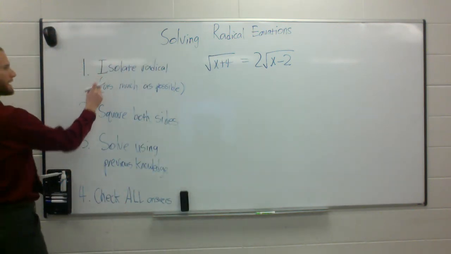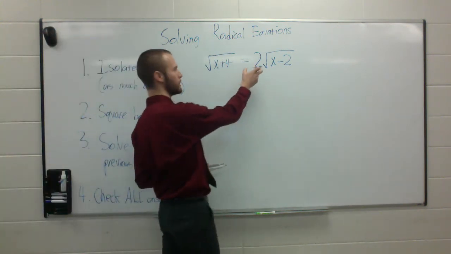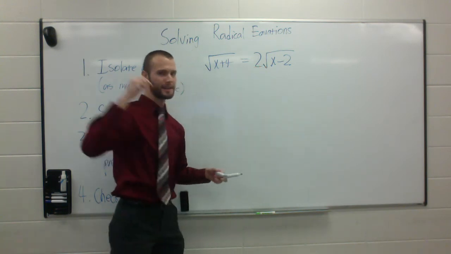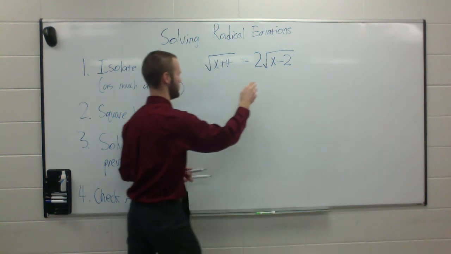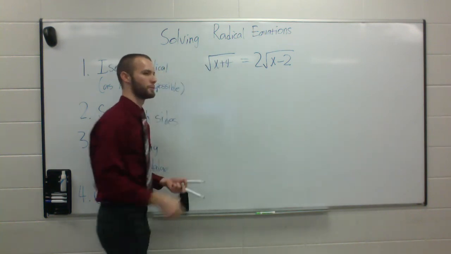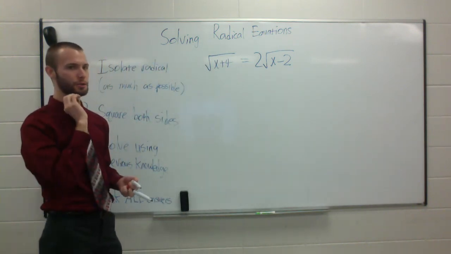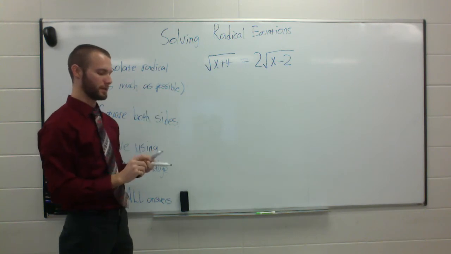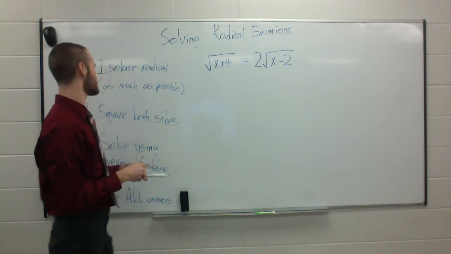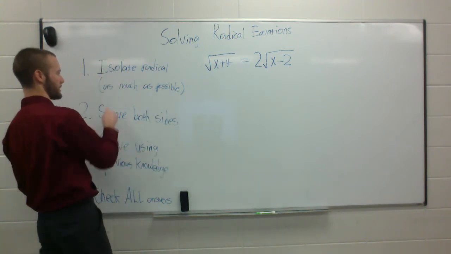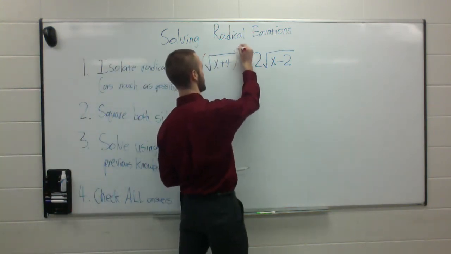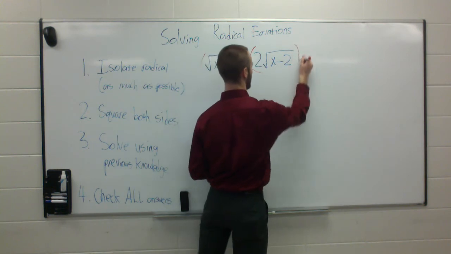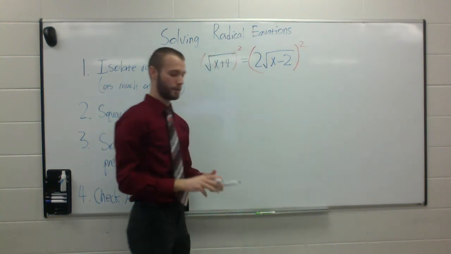Now, we want to isolate the radical, and we have this 2 in front. Unfortunately, there isn't a lot we can do, because if we divided this side by 2, we would divide the other side by 2, and we'd still have that 2 just in a different place. But we can still square both sides. This is why I wrote as much as possible. We can still square both sides, as long as you remember to square the whole side, right?